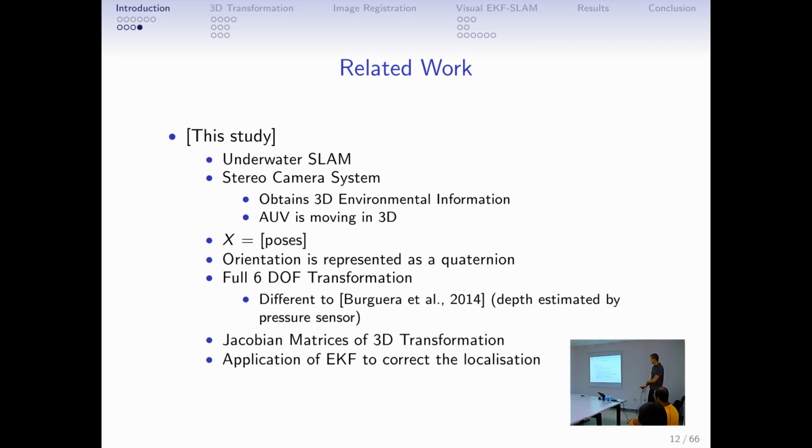And I have a full 6 degrees of freedom in transformation. This is different to the approach of Bugera, who is estimating the depth by another sensor, a pressure sensor. And also deriving the Jacobian matrices to the 3D transformation. And, of course, after all the information we have, I'm running the EKF system to correct our localization.